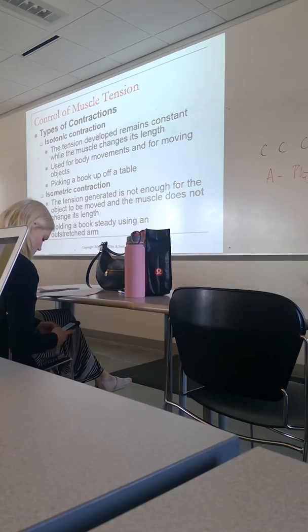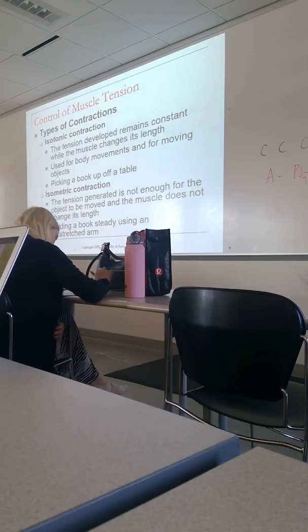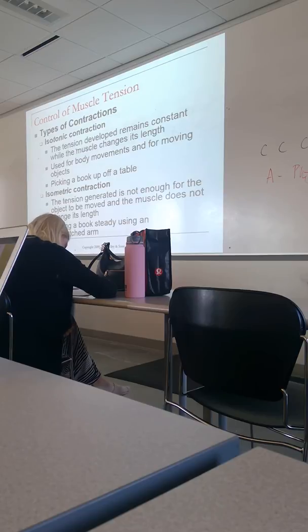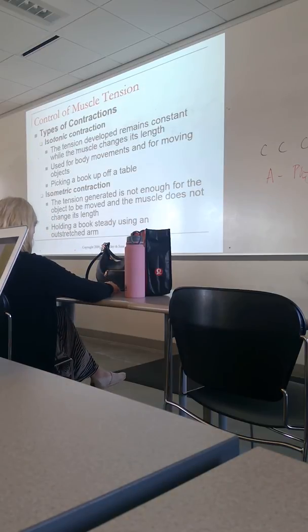Isometric contractions do not accomplish any movement. They didn't move anything. So, like when I'm pushing on this table, no matter how hard I push, look at the length of my muscle, it didn't change, right? So that's isometric.